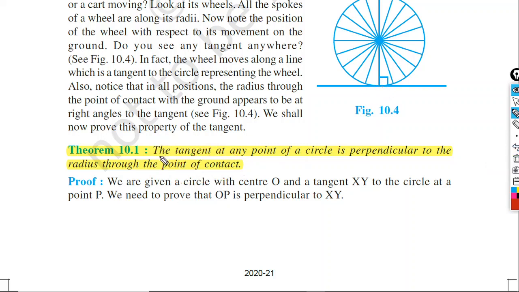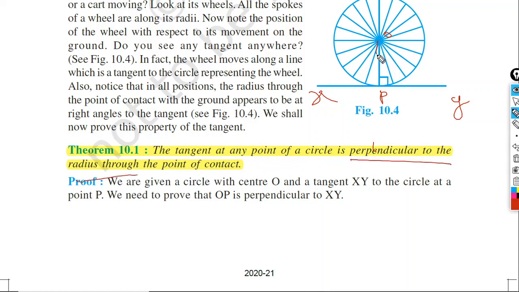Now, the tangent at any point of a circle is perpendicular to the radius through the point of contact. Let's see what is given to us. Given is a circle with center O, and XY is a tangent, and P is the point of contact, so OP is the radius. What we have to prove is that the tangent at any point of a circle is perpendicular to the radius through the point of contact.